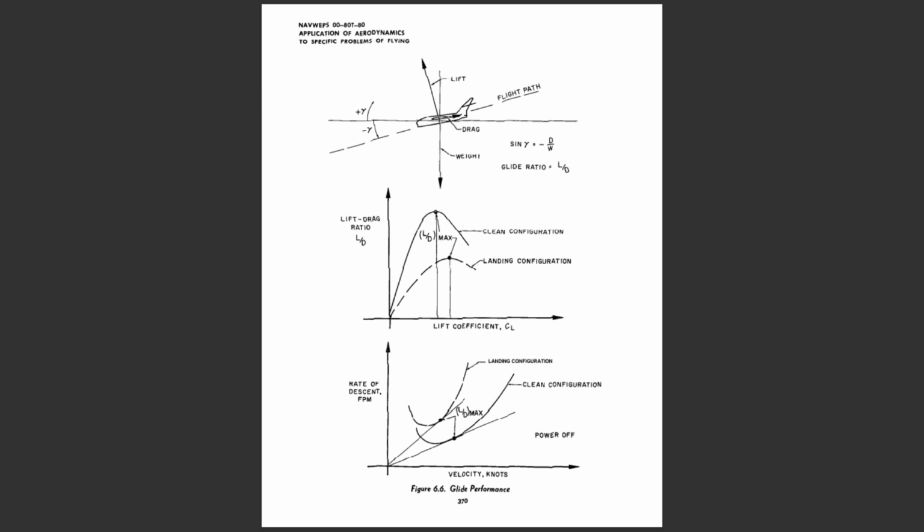V2 over V1 equals the square root of W2 over W1 with constant CL, where V1 equals best glide speed corresponding to some original gross weight, W1, and V2 equals best glide speed corresponding to some new gross weight, W2. As a result of this relationship, a 10% increase in gross weight would require a 5% increase in glide speed to maintain L/D max.